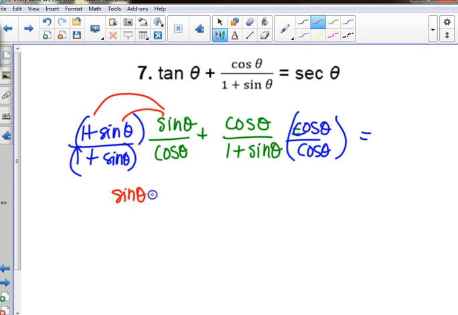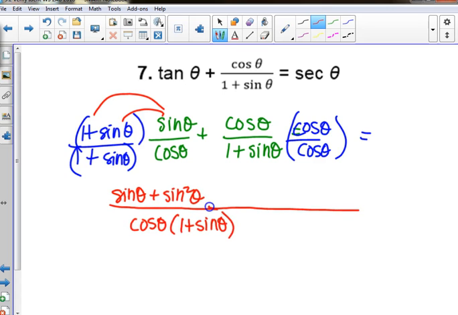Sine plus sine squared, right? Did I do that right? Okay, can I just leave the bottom common for now? I'm not going to distribute it. I don't know if I need to later. Okay, what do I get over here? What happens here?